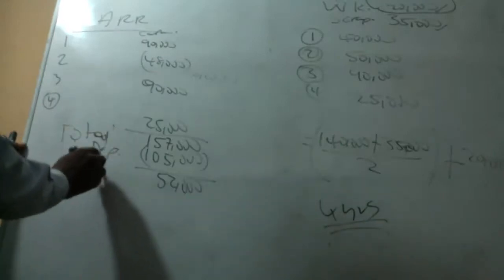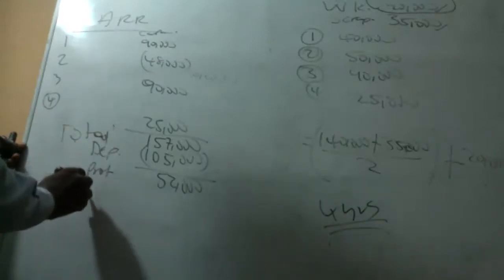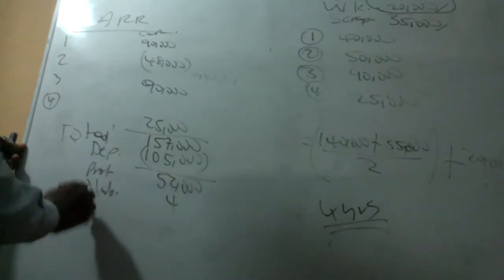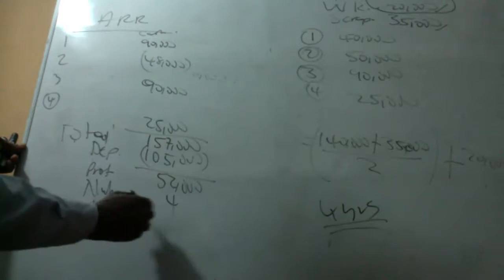Now this is the profit after depreciation. What's the average? Number of years, 4. So average profit will be 52 divided by 4. That's 13,000, right?